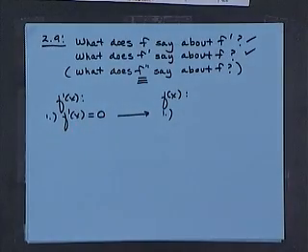Some of this is a little redundant from yesterday, we're just going to make a list. If we know that the derivative is 0, what does that say about the original function?